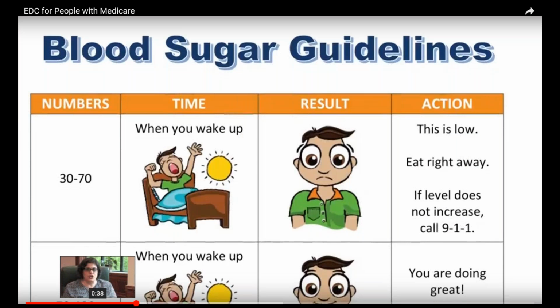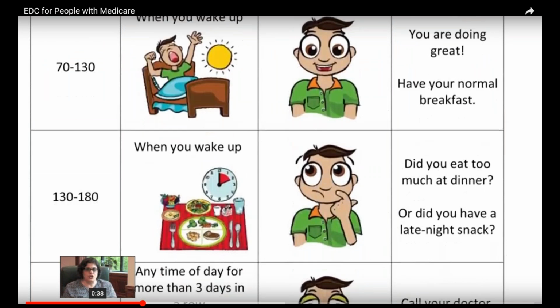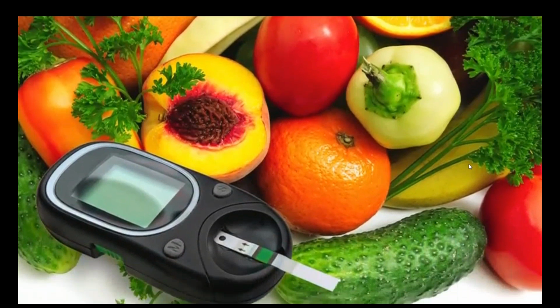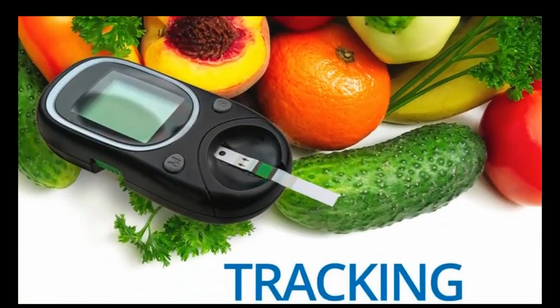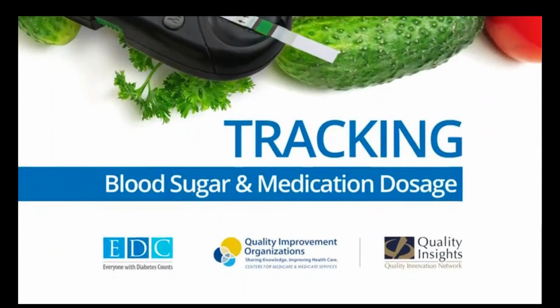Then we also talk about monitoring, how to correctly take the blood sugar, use your monitor. Does your monitor work correctly? Are your strips not expired? How often should you test? When you should test? We offer blood glucose log recordings that we encourage the patients to give to their physicians to look for trends, to see if there's a reason that they need to change their medication.